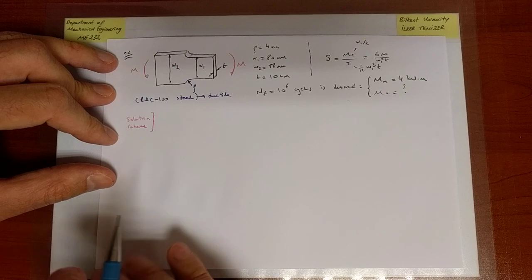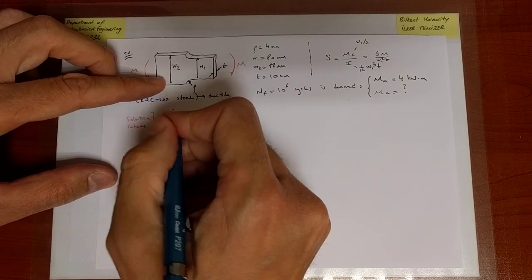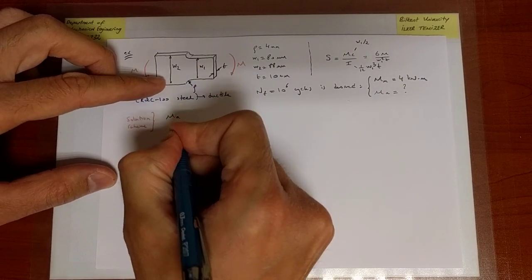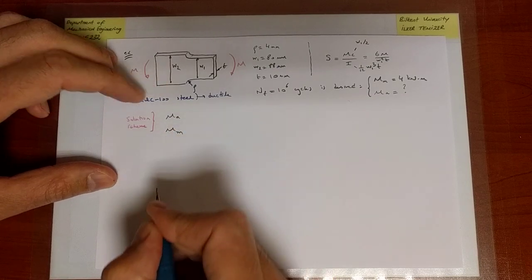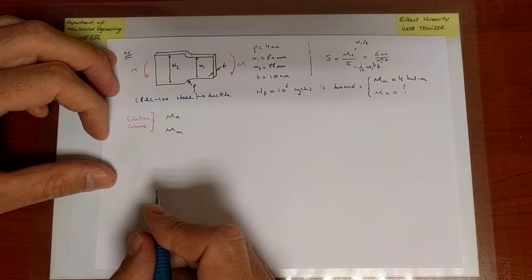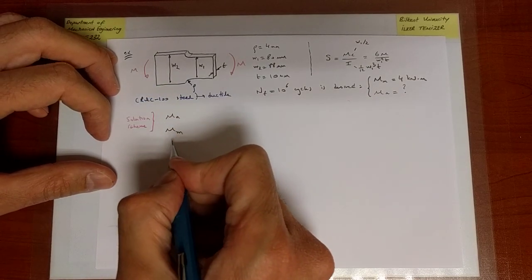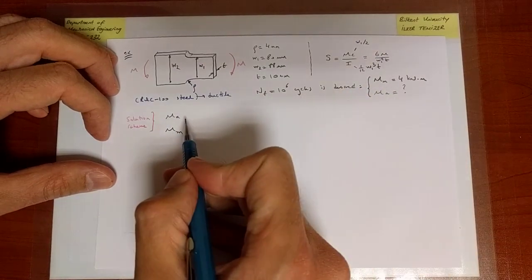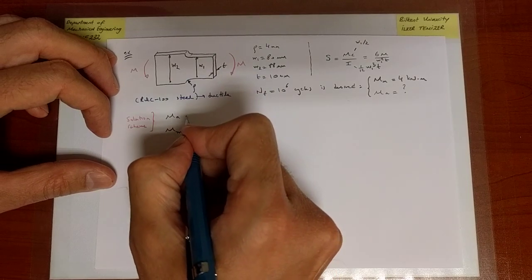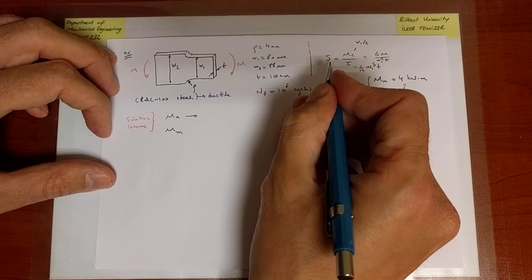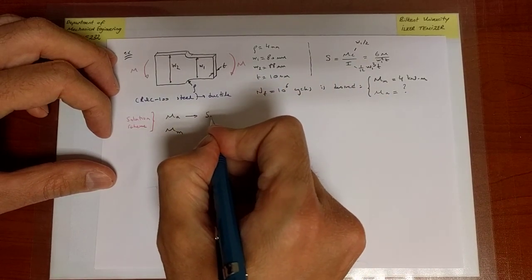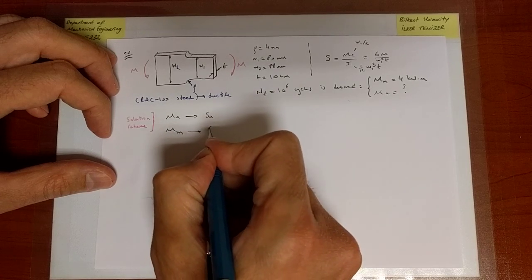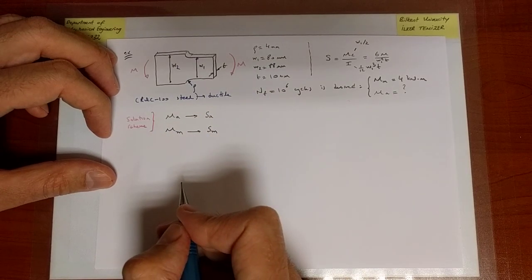So first of all, I see that there is both an alternating and a mean component to the bending moment. So suppose we knew both of these. Presently we are actually given only the mean part, but suppose we knew both of them. Then what I could do is I could calculate through our equation the nominal stress associated with each part.